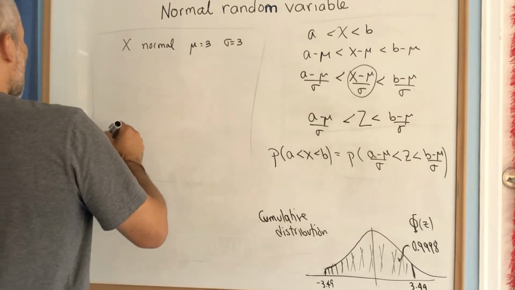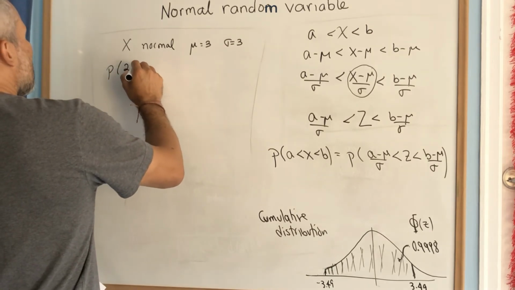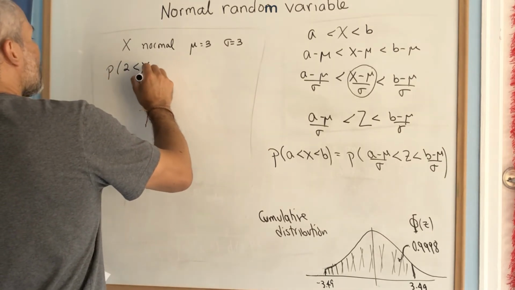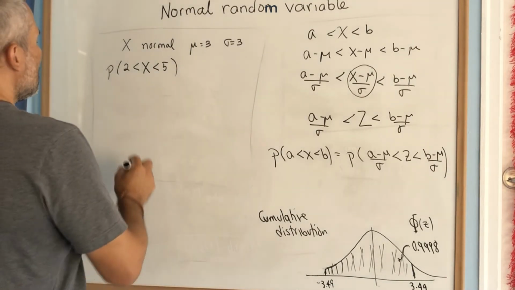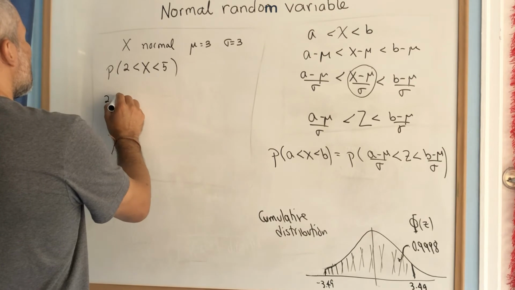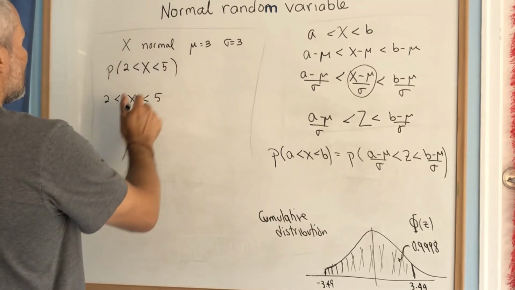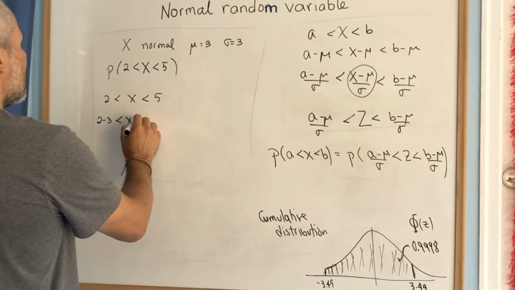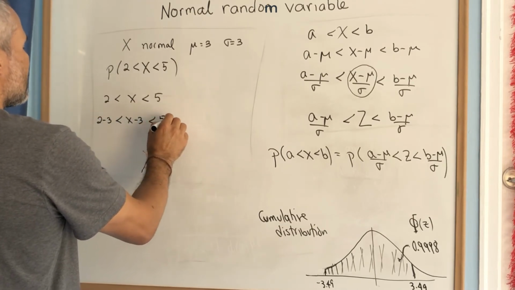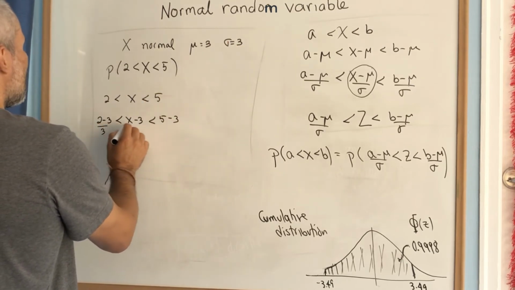And let's suppose that we want to compute the probability that x is between 2 and 5. Then what we do is we write 2 smaller than x smaller than 5. Then we subtract the mu, and then we have 2 minus 3 is smaller than x minus 3 is smaller than 5 minus 3, and we divide by the standard deviation, which is 3.